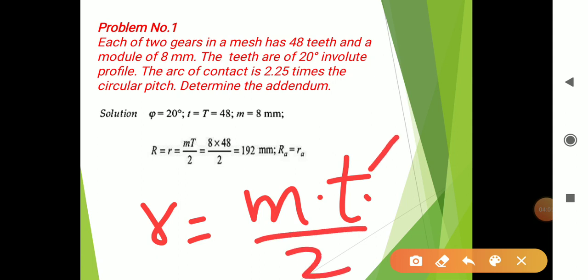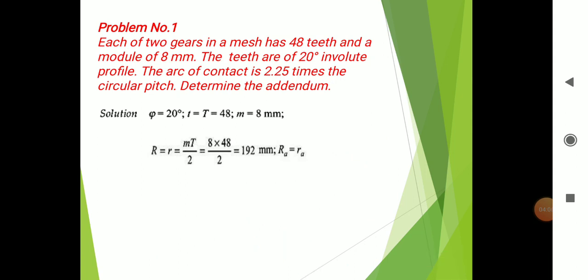Here m stands for module, small t for the number of teeth on the pinion, and capital T for the number of teeth on the larger gear or wheel. Since the number of teeth are the same, we can write R is equal to r is equal to m into t divided by 2. Putting m as 8 and t as 48, divided by 2, we get r is equal to 192 mm.